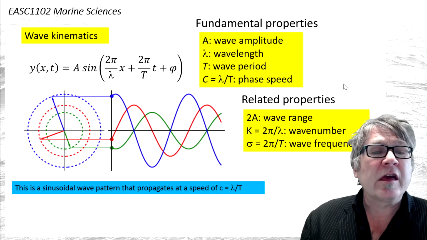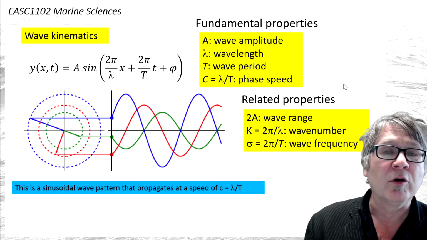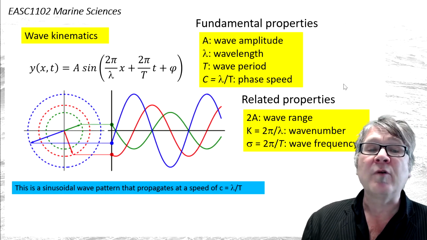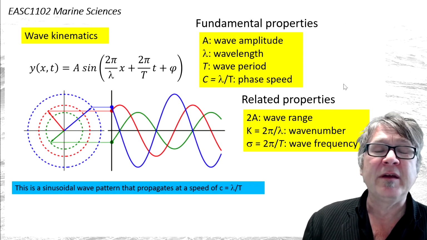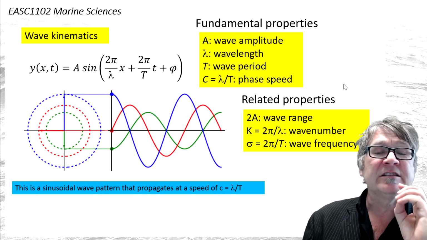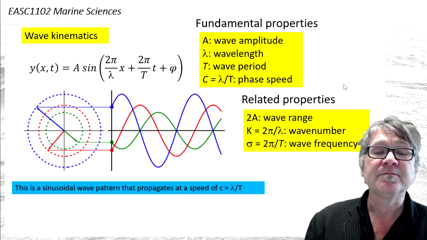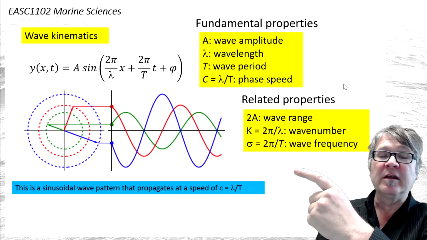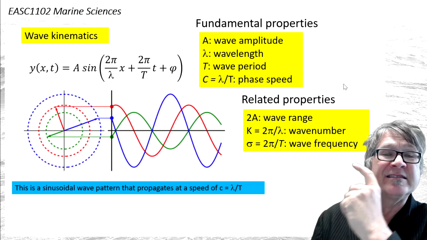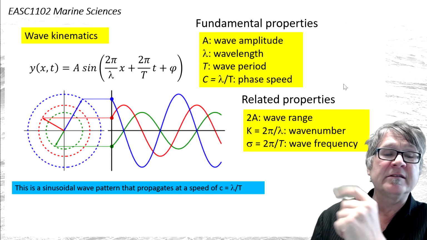A derived property is something we call the phase speed, and it's the ratio between wavelength and wave period, lambda over the capital T, and this is the speed at which the wave propagates in space. Look at these three waves here on the left side, and you can see that they all propagate at the same speed, from left to right.